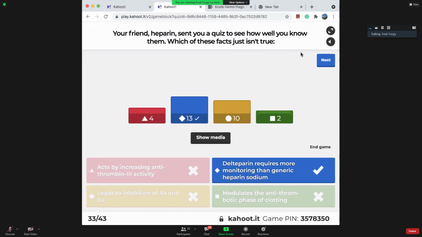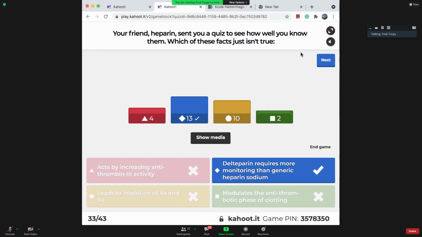I think thrombin is 2A actually, but it also goes up and activates XA or 10A. So pretty much it's leading to your common pathway being blocked, but it does that with antithrombin 3. And then the answer here is dalteparin.